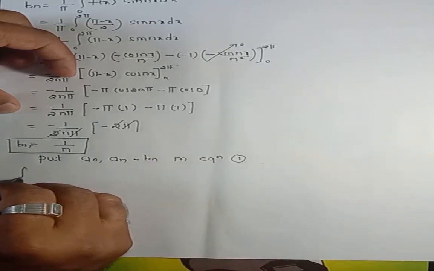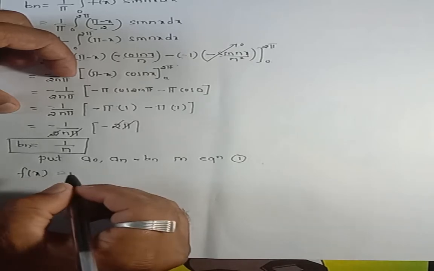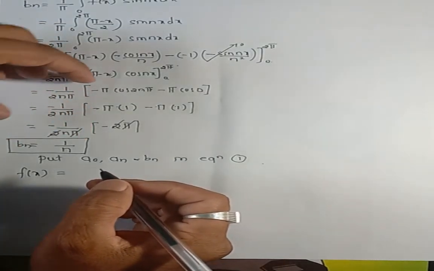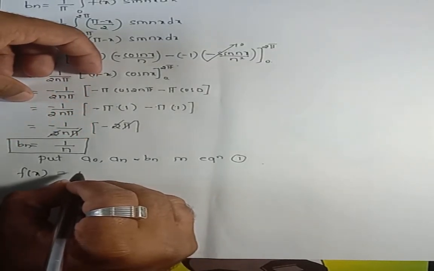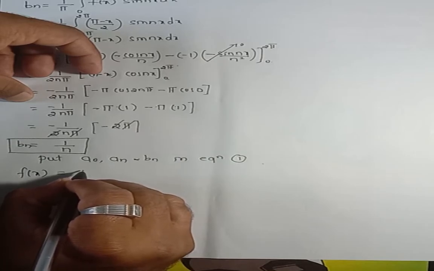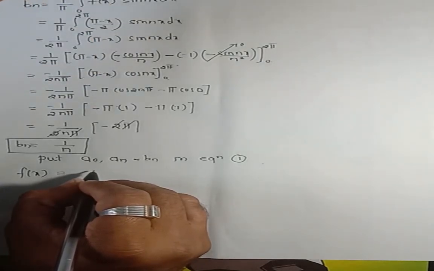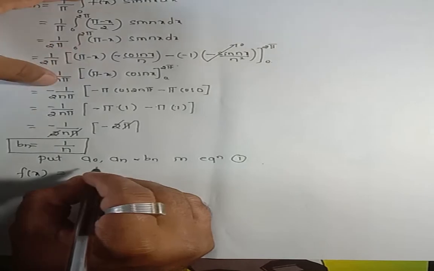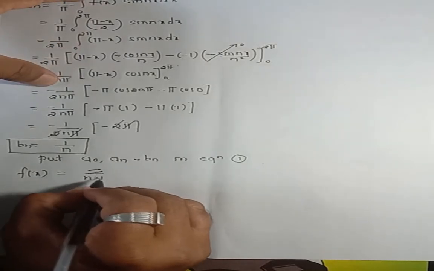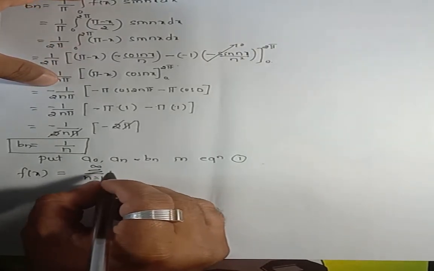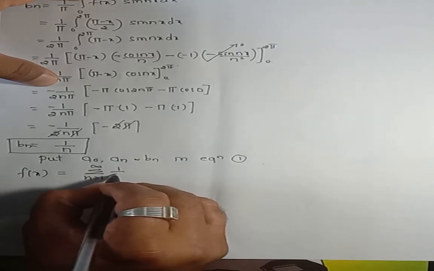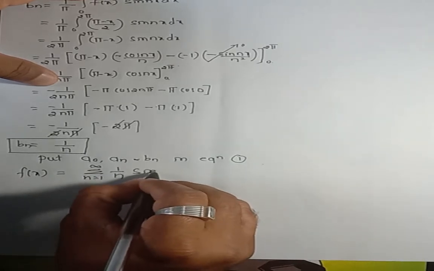So equation 1 is like this, f of x is equal to a naught by 2, a naught is 0, and divided by 2 it becomes 0, plus an is 0, don't write it, only write down summation n from 1 to infinity, bn value is 1 by n, then sin nx.